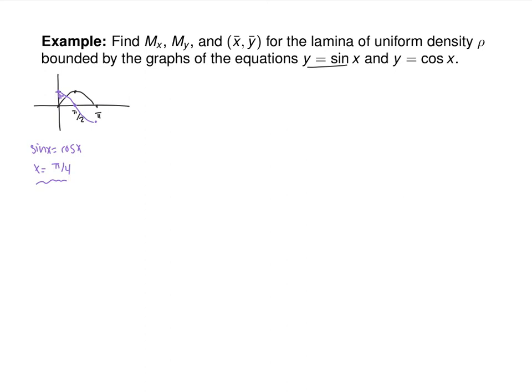So step 1, find the area. So we have the integral from 0 to pi quarters. For that portion, the cosine curve is above, the sine curve is below. Now the antiderivative of cosine is positive sine. The antiderivative of sine is negative cosine, but the double negative makes it positive cosine.